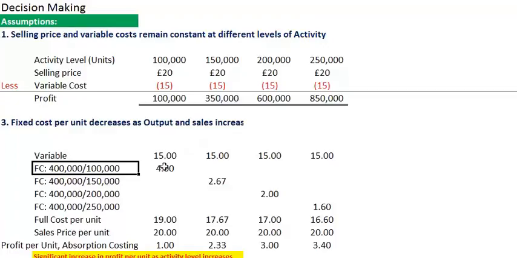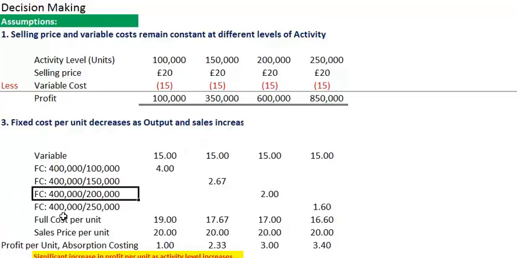Now at 150,000 units level of activity, 400,000 of fixed cost is spread over 150,000 units, and our fixed cost per unit is reduced to 2.67 because of spreading over a larger number of units. In the same way, at 200,000 level of activity, fixed cost of 400,000 will be spread over 200,000 units.